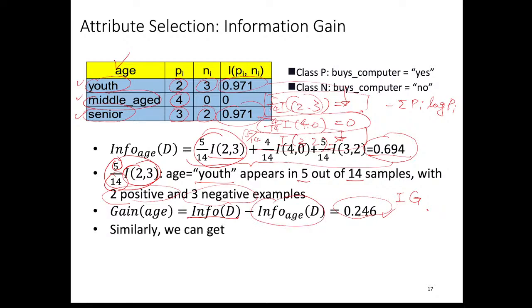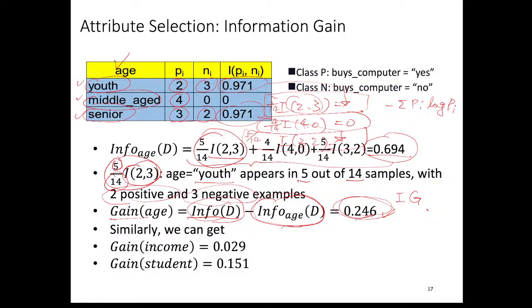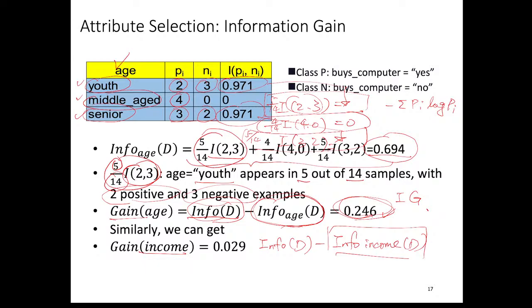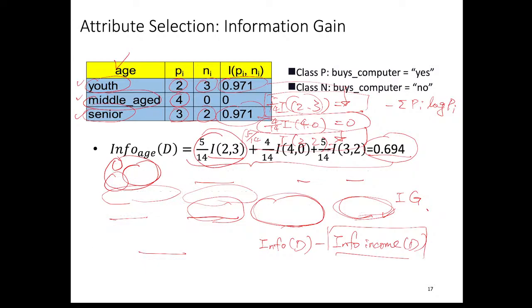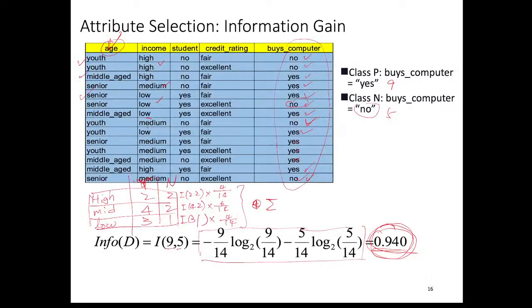And the information gain is the entropy before the split subtract the entropy after the split. Oh, I'm sorry, this is age. And likewise, you can get income. This should be info D subtract info income D, and this is what we computed earlier here.